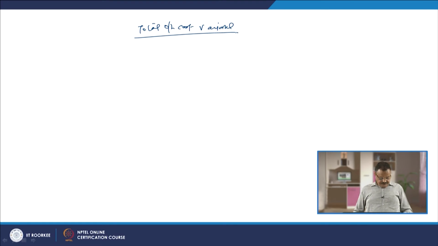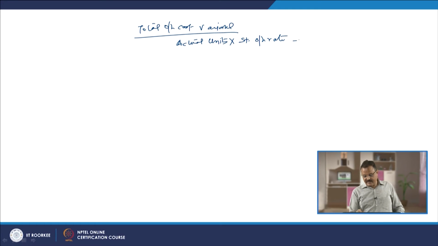The formula is actual output or units into standard overhead rate, minus actual overhead cost, right.